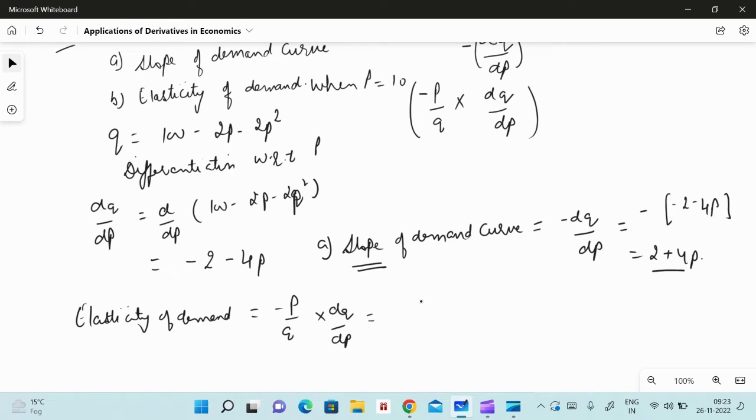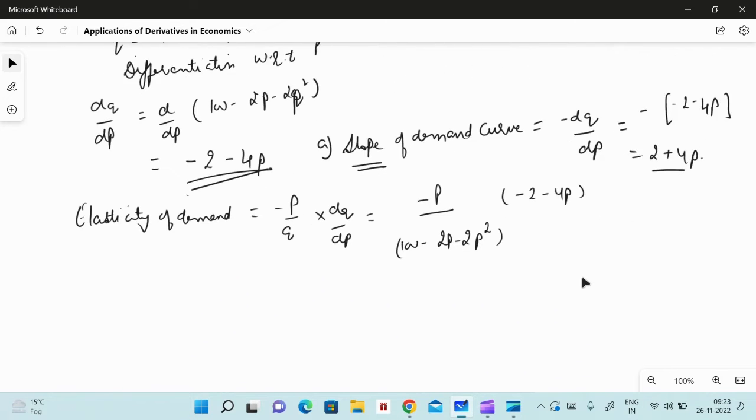We will multiply it with minus p by q, where q is 100 minus 2p minus 2p square, and we multiply with minus 2 minus 4p, the value we already calculated.